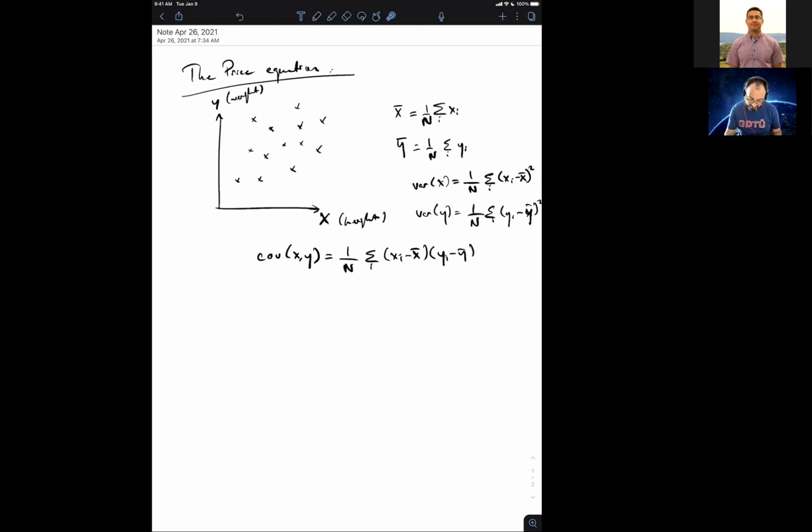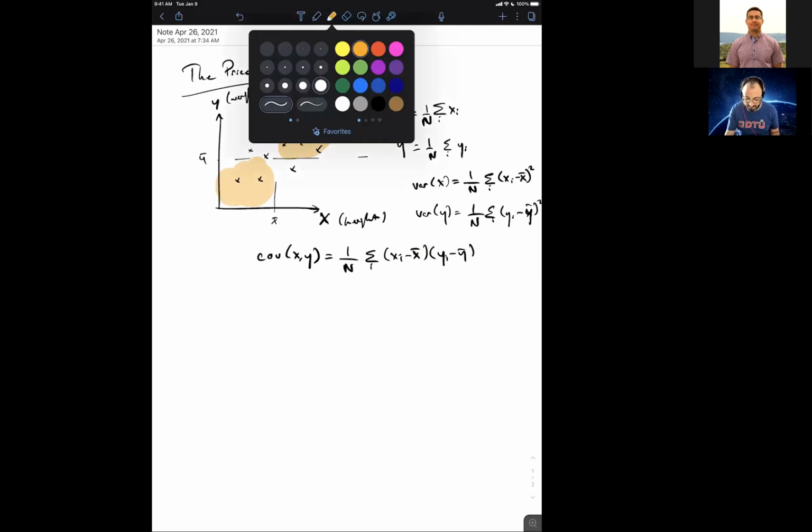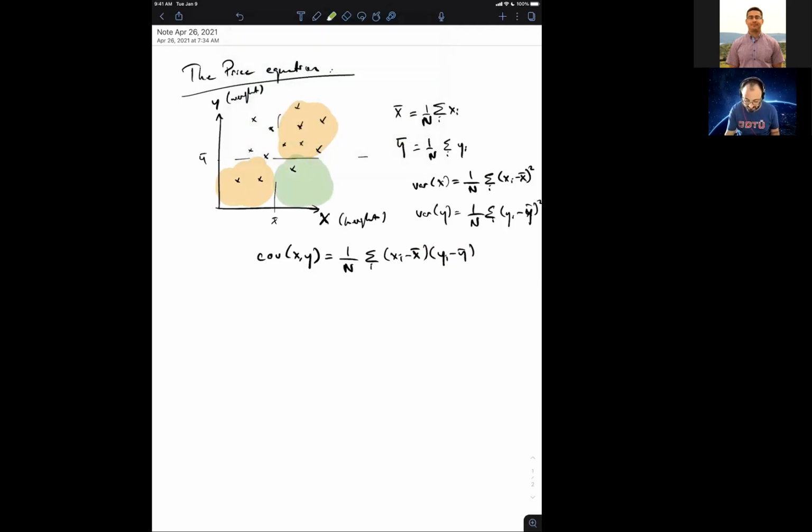And the importance of this quantity is, if it's the case like it is here, let's say this is X bar and this is Y bar, right? So here both xi minus x bar is positive, and yi minus y bar is positive, because yi is greater than y bar, and xi is greater than x bar.